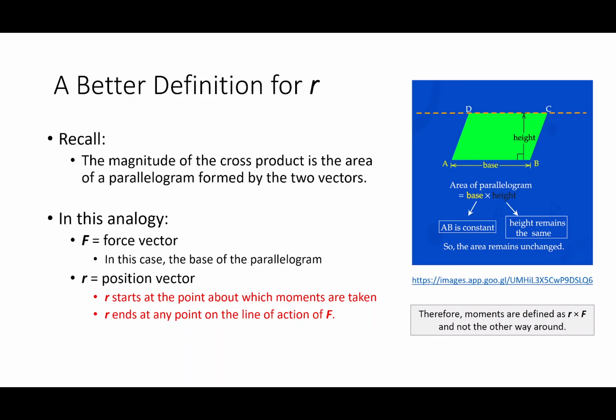We'll call that R2. And some of you are going, wait a minute, Dr. Mike, I don't understand. So you can have R1 cross F and R2 cross F. Aren't those going to give you different answers? No, they're not. I propose to you that if we evaluate both of these cross products, we're going to get the same answer, because whether your R vector points like this or like that, you get the same magnitude of the moment.